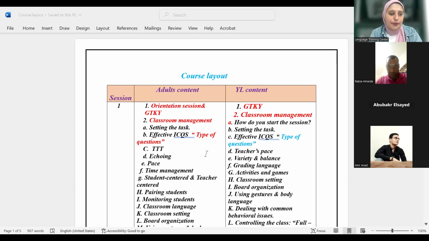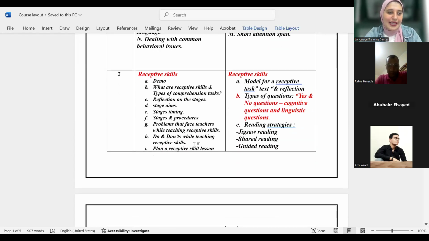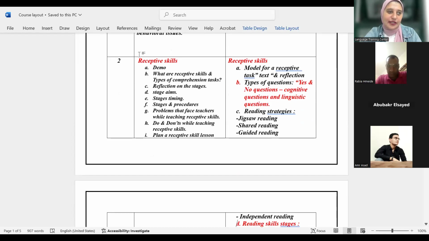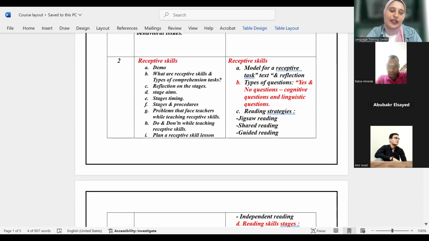We went through important concepts and some important things you need to do in your classroom to make it more effective. Then last session, we talked about how to teach receptive skills, even listening or reading. We went through a demo, then reflection on the demo. We learned about the stages, their aims, the appropriate time, and the procedures.